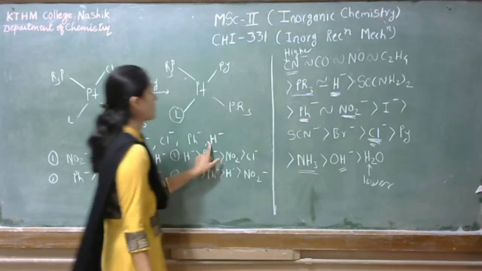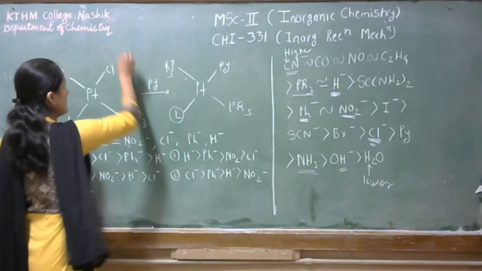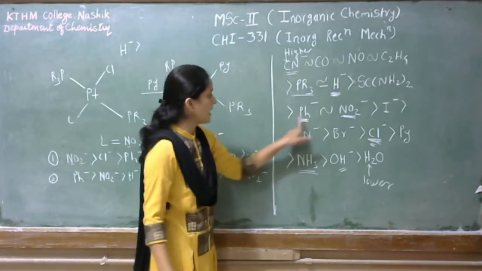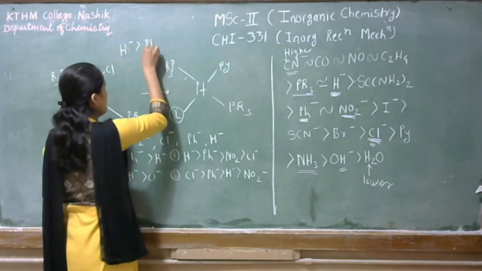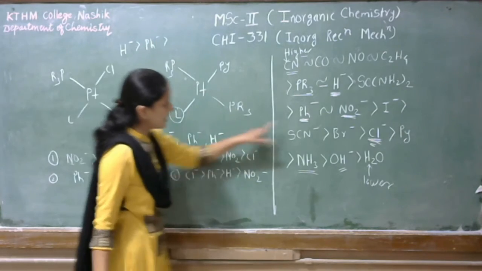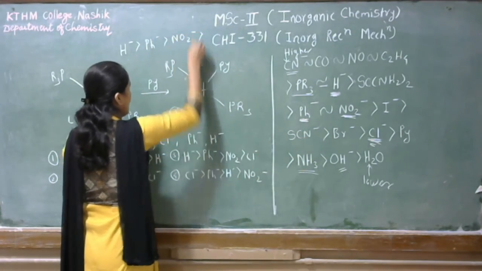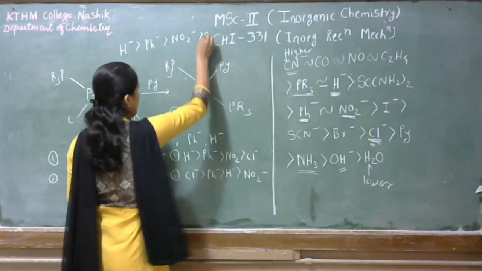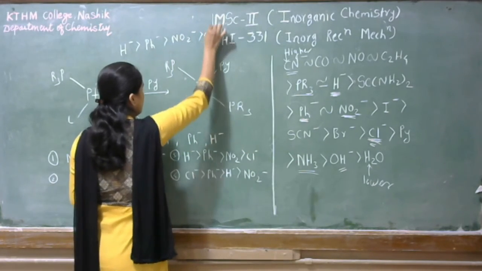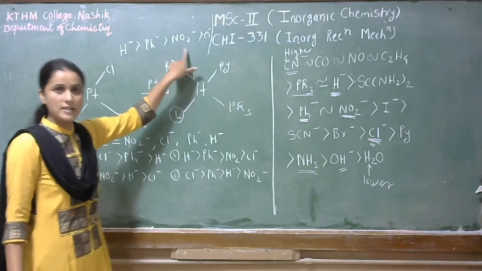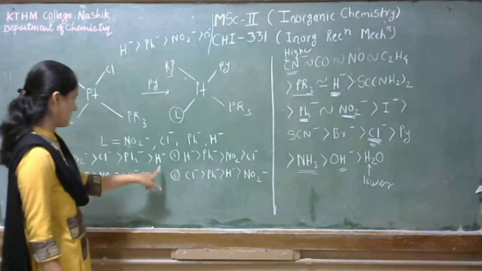H minus has the most trans-directing effect. Then next to H comes PH minus, after that NO2 minus, and last, obviously, Cl minus. So the order is H minus, PH minus, NO2 minus and Cl minus.